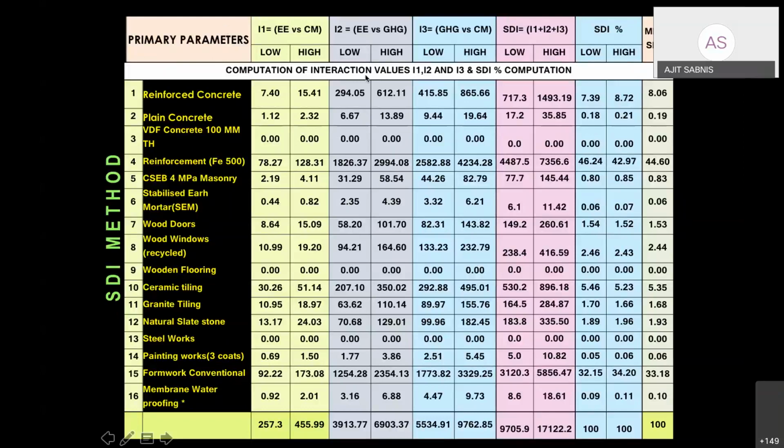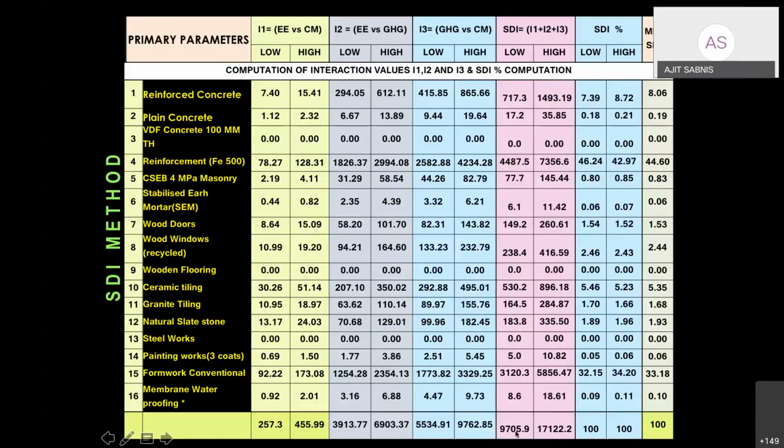Then we arrive at the total I value of the building, the SDI percentage can be calculated, and the mean SDI percentage can be tabulated. What is important for us is the pink column where my cursor is moving; this is the total interaction value.